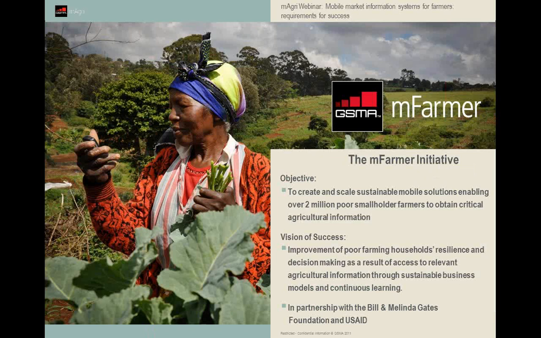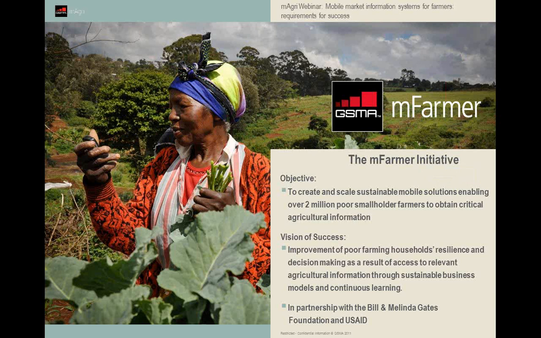The mFarmer initiative is run by the mAgri program from within the GSM Association Mobile for Development Group, formerly the Development Fund. So it's important to understand our approach to supporting rural smallholder farmers has a strong mobile slant.